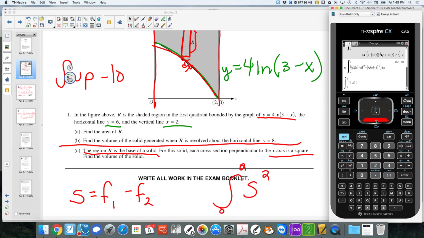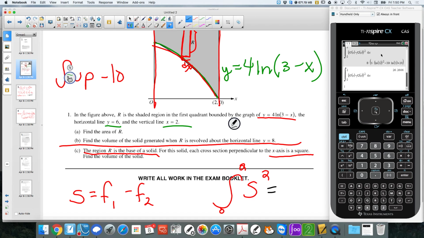S squared is upper minus lower, with the squared outside the parentheses, dx. Hit enter, crazy answer. Control enter, and I've got 26.666.